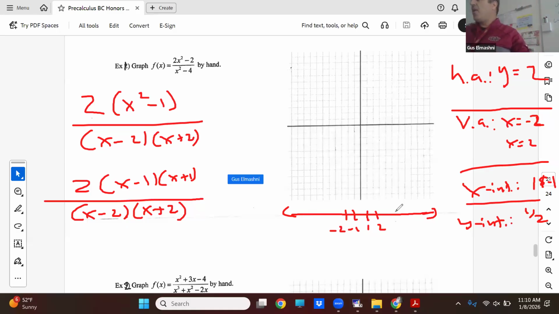All you need to do is test the far right interval and then ask yourself, is each factor occurring an even number of times or an odd number of times? If every factor is occurring an odd number of times or only happens once, the signs will alternate. So if I plug in 3, is this whole thing positive or negative? Positive. Okay, is every factor occurring once? Alternate the darn signs.